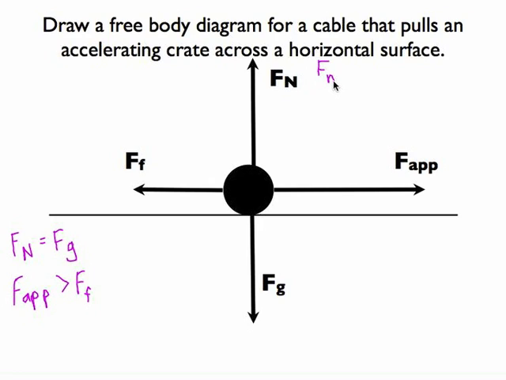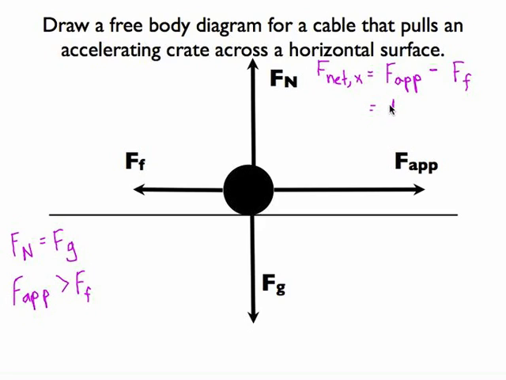If we want to look at the net force in the x direction, we'll take our applied force minus our frictional force. Now, we know that they're not the same, but we don't know exactly what this applied force is.